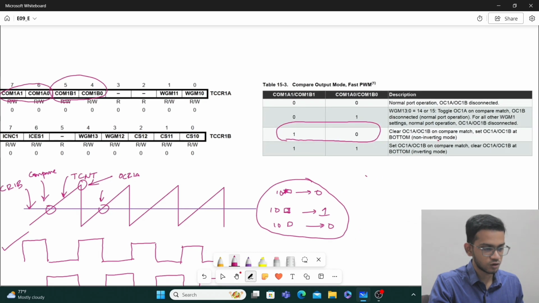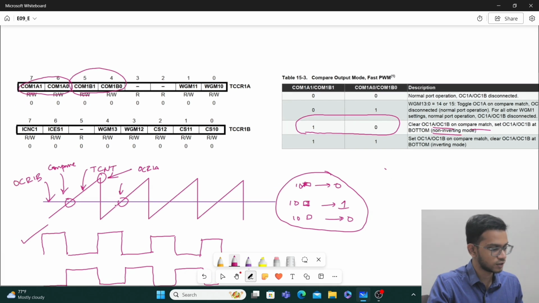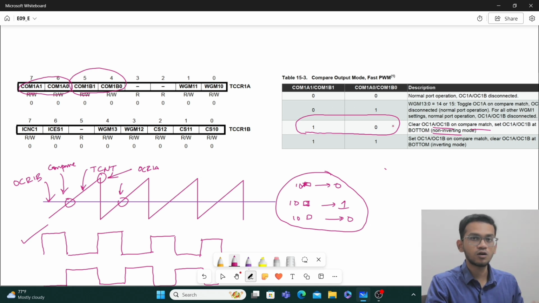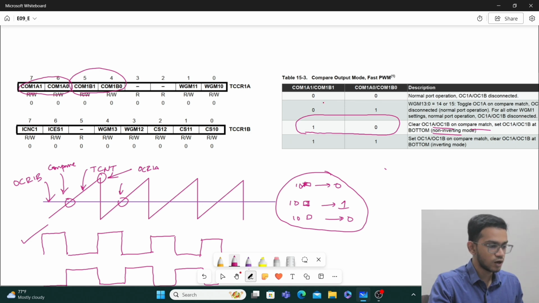What is non-inverting mode? If you read this, you will come to understand. I do not wish to read this again. If you read this, you will come to understand that it is the same thing. So I want to produce my PWM in non-inverting mode, which is this instruction. I want to make it obey this. So I will put my A1 or B1, whichever, as 1 and the 0th bit as 0.